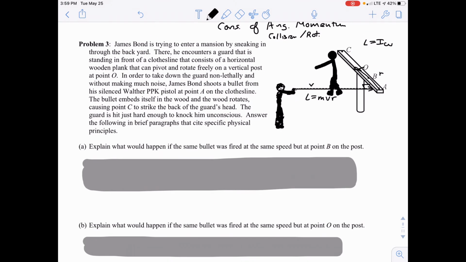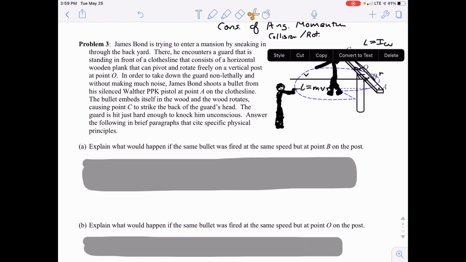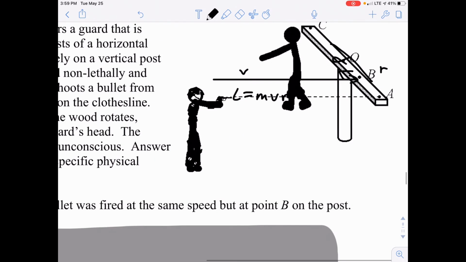Part A, explain what would happen if the same bullet was fired at the same speed but at point B. In other words, right here. You guys can see that point B is clearly closer to point O, which means if the radius is smaller, the angular momentum is smaller.